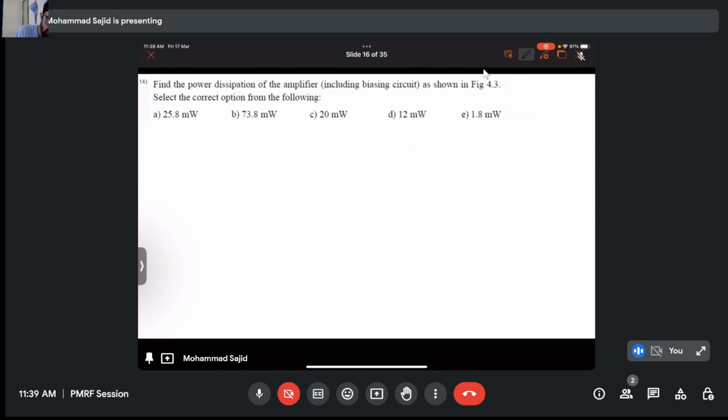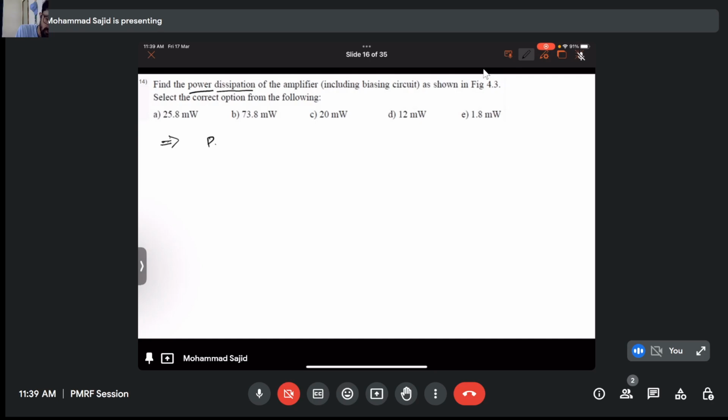Okay, this is I think the last question from the previous week. So let's see what it says. You have to find power dissipation of the amplifier. What is power dissipation? You have voltage applied, then you have current flowing, so there is always a loss, right? How can you calculate it?